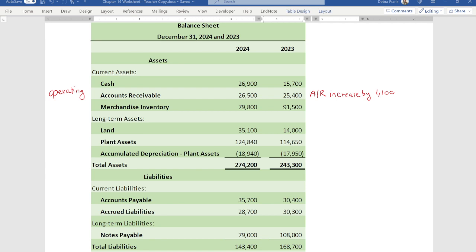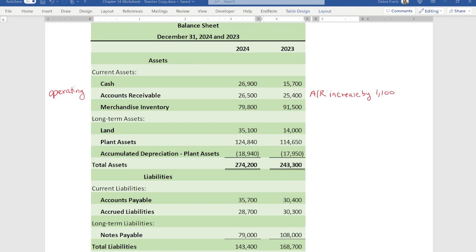So the business, Archer, collected 1,100 less cash in 2024. So they had less cash because the customers said, put it on my account, I'll pay you later. And that was for an additional 1,100 as our difference.